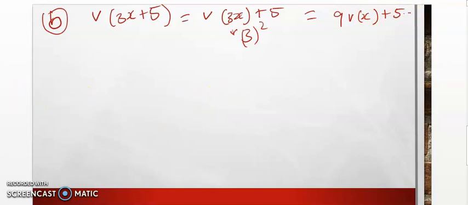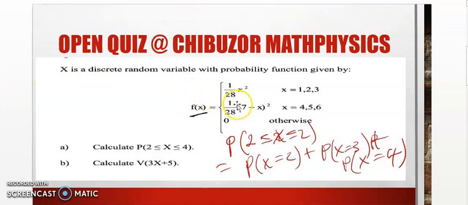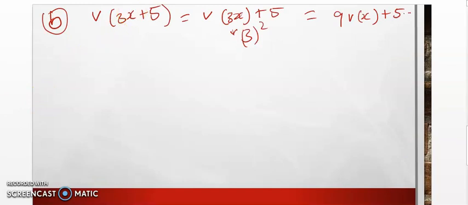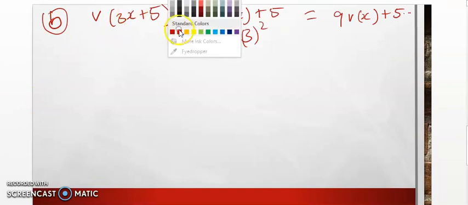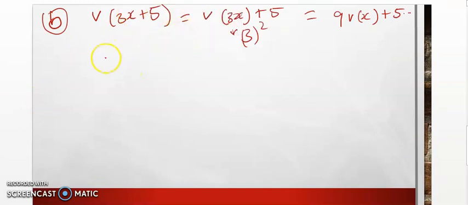Now if we look back in the original equation, we know we have 1 over 28 when it is 1, 2, 3. But remember, we are looking for variance, and to look for variance we use a formula.